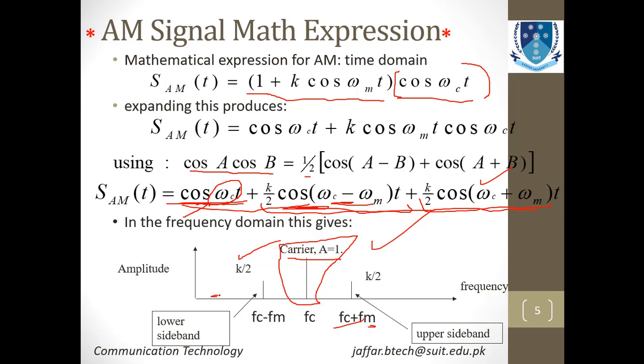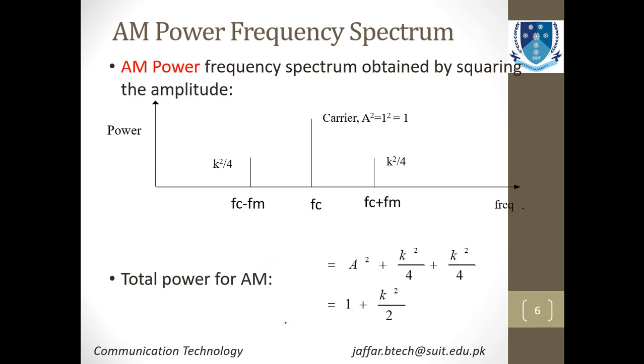So you see that amplitude modulation basically provides you two copies rather than a single copy of modulation. One will be on the positive hand side, that is the upper side band, and the second will be on the negative hand side, or you can say the lower side band. There are some pros and cons of this technique as well. We will discuss that in the coming slides, so be patient.